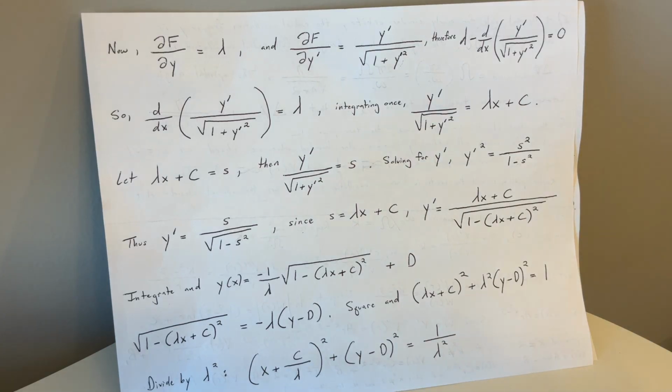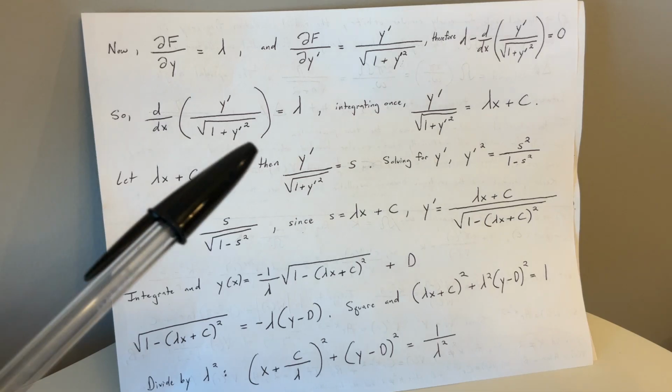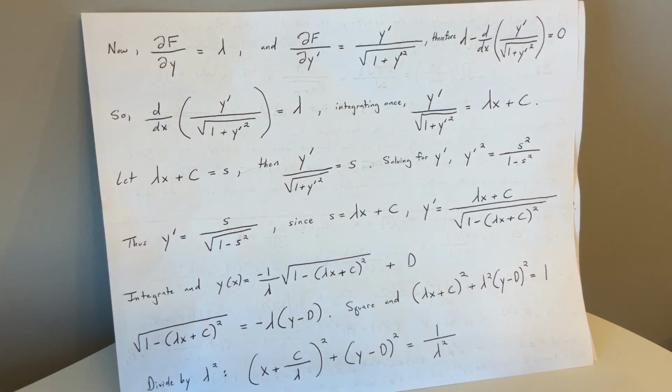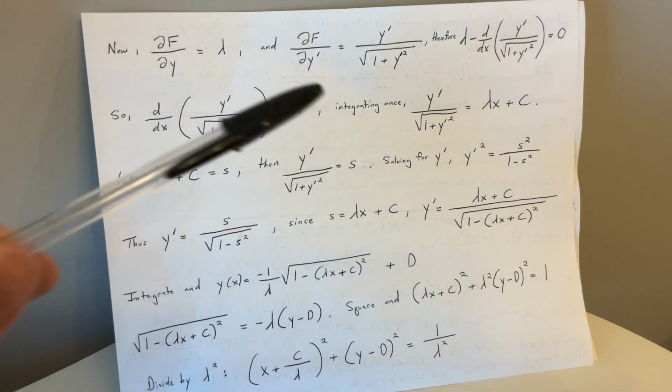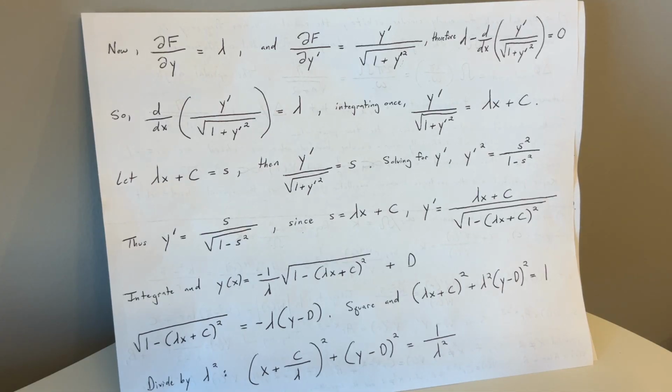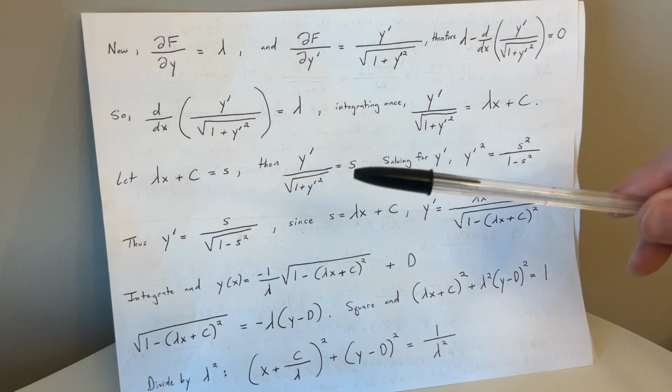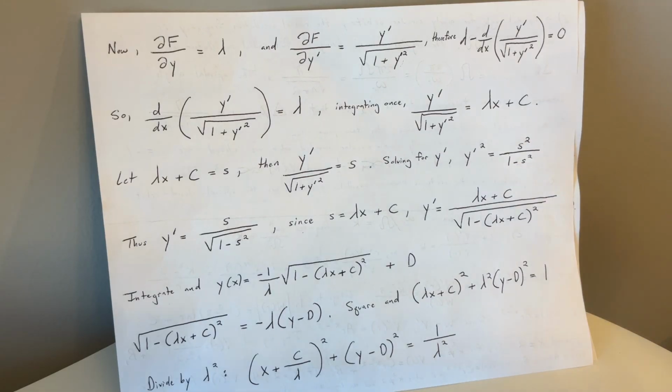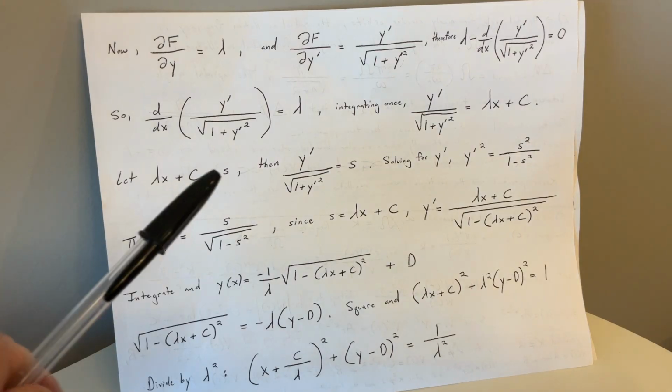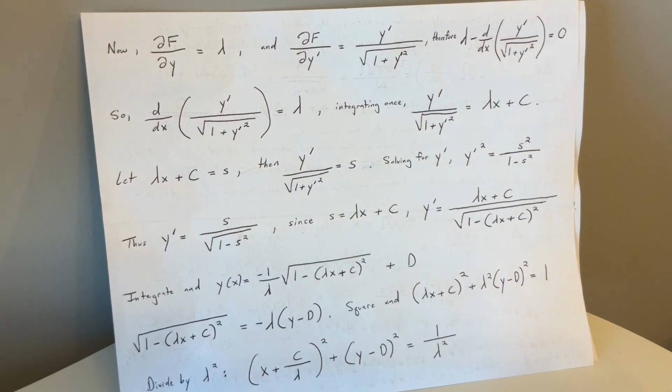So d dx of y prime over the square root of 1 plus y prime squared equals lambda. Integrating once, y prime over the square root of 1 plus y prime squared equals lambda x plus c. We can let lambda x plus c equal s, then y prime over the square root of 1 plus y prime squared equals s.